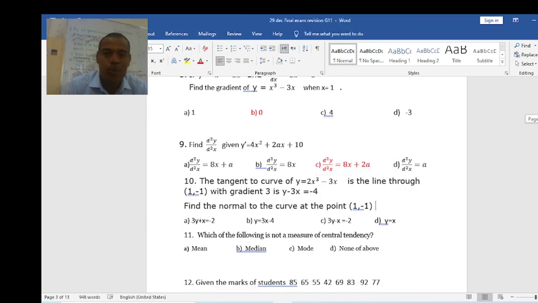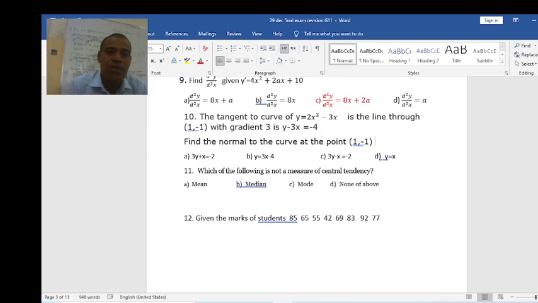For the next one, the tangent to the curve of y equals x cubed minus 3x is the line through 1, minus 1 with the gradient 3, which is y equals negative 3x minus 4. To find the normal, let's say this is the gradient, and this is x1 and this is y1, which means you are going to find the normal at this point.